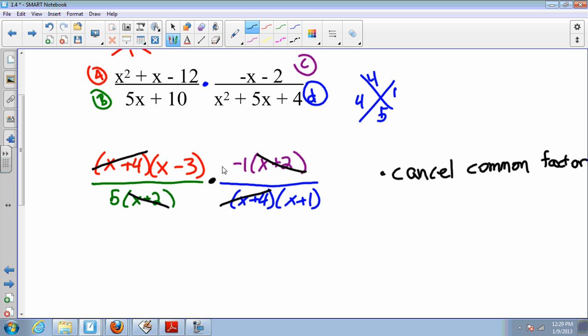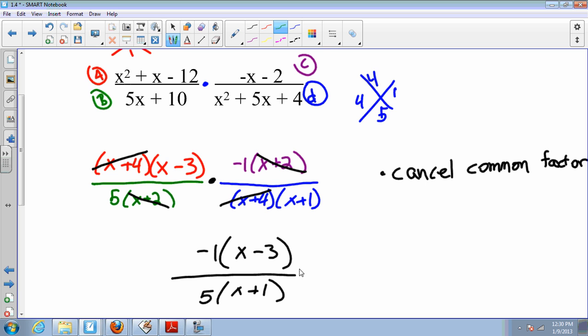So we have left x minus 3 times negative 1 over 5 times x plus 1. Don't distribute, just write the constant first, negative 1 times x minus 3 over 5 times x plus 1. This is your simplified answer.